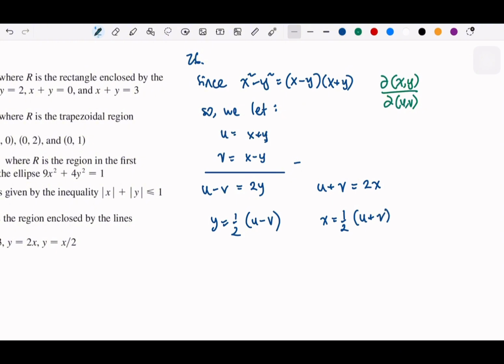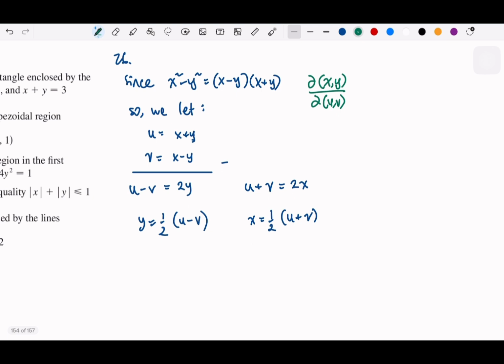And we can take the Jacobian. Partial x over partial u is half, partial x over partial v is another half. For y, partial y over partial u is half, and partial y over partial v is negative half. If we cross multiply, we have a negative, and because this will be a positive value at the end, we only need the value, so it should be half.